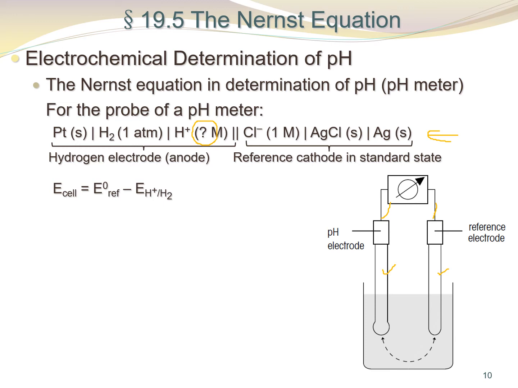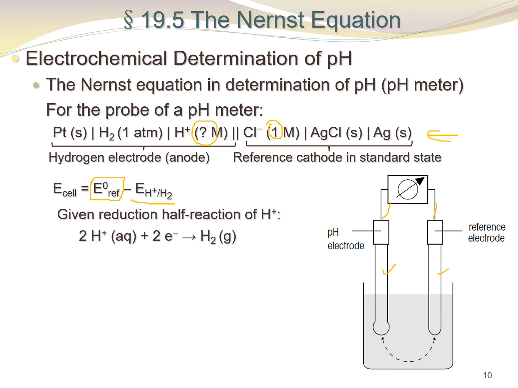Why standard state? Because it has 1 molar concentration. And if you can control the temperature at 298 Kelvin, which is quite room temperature, we can use the standard potential of this reference electrode minus the potential of this hydrogen electrode, which is the anode.